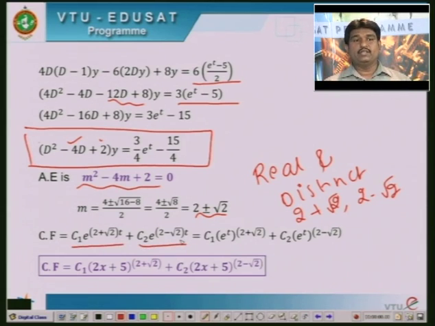This is the part of CF corresponding to M1, which is 2 + √2, and this is the part of CF corresponding to M2. So, CF is C1 e^((2+√2)t) + C2 e^((2−√2)t). Now, use the law of indices.